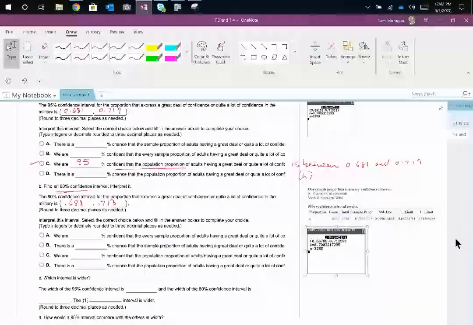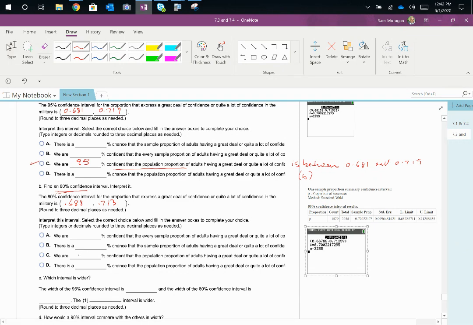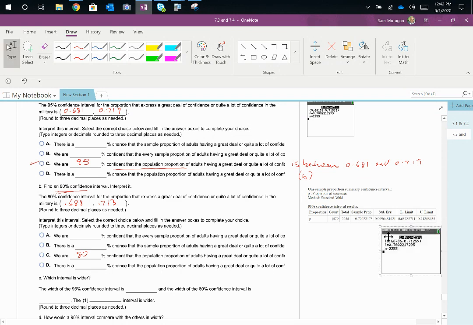Okay, so we're reading this again. We are 80% confident that the population of adults have a great deal or quite a lot of confidence in the military is between 0.688 and 0.713.